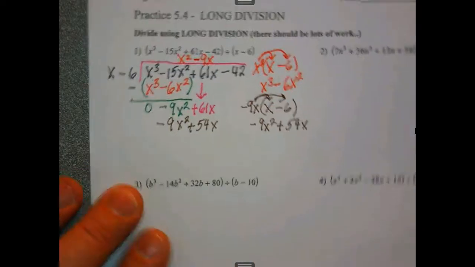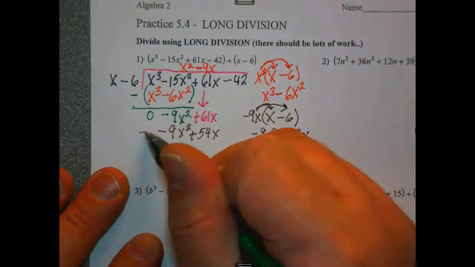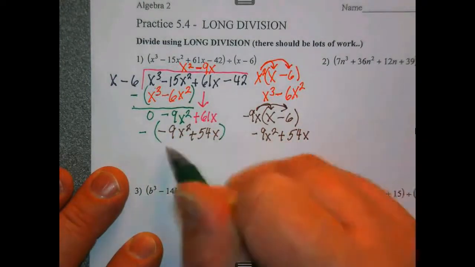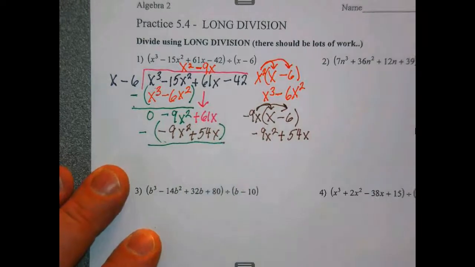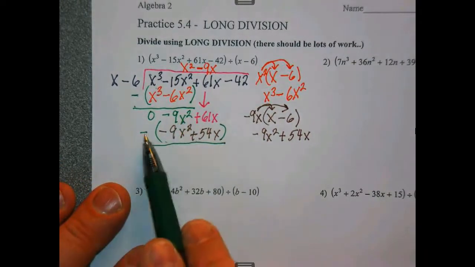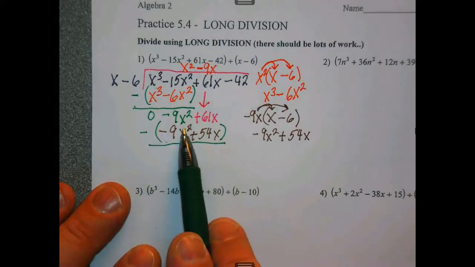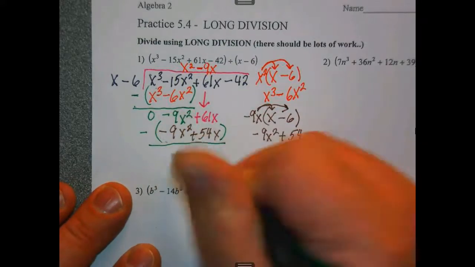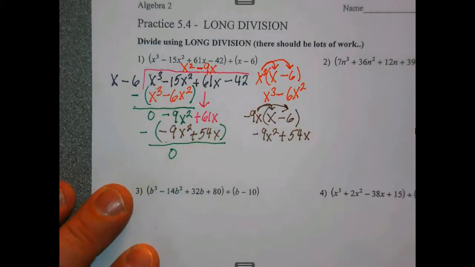I have to subtract the entire quantity. Negative 9x squared minus a minus is a plus 9x squared. Well, here's my 0. If I don't get a 0, I did something wrong.